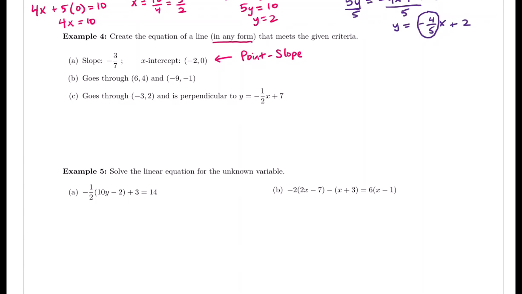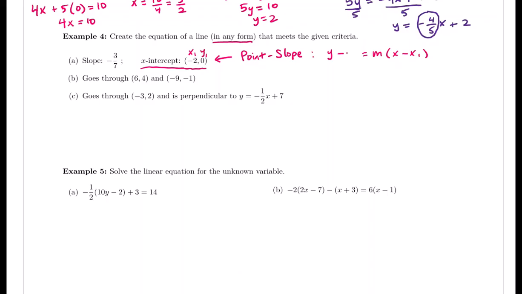Now, because this point here is not the y-intercept, it's not as easy to use y equals mx plus b. For point-slope form, we would use y minus y1 equals m times x minus x1. And I can replace x1 and y1 with the coordinates that I have. So here we can think about this as x1 and this as y1.